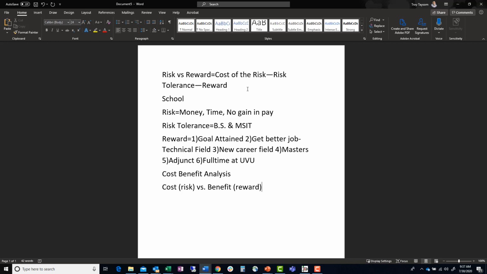So the cost benefit analysis can be extremely simple or it can be extremely complicated, all depending on what it is we are talking about. But the same steps and processes are done no matter what you're talking about.